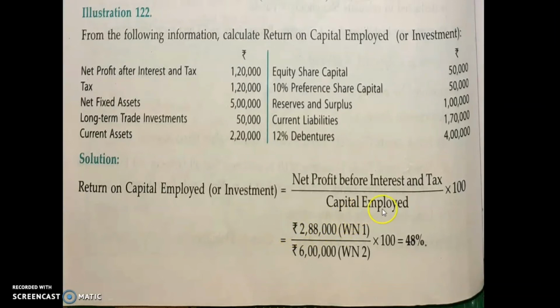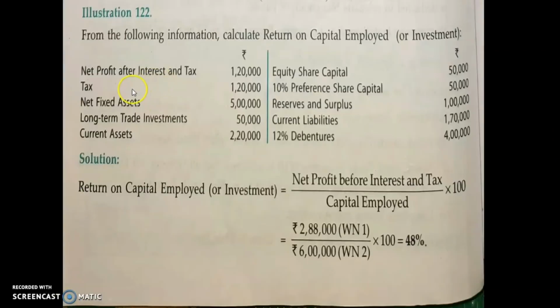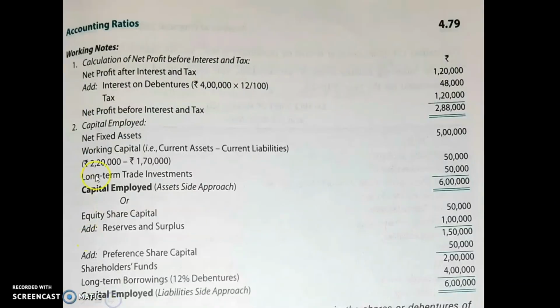Now for calculating capital employed. There are two approaches in front of us, that is asset approach and liability approach. Let us look at the asset approach. You know that in the asset approach, there are 3 items which we include, that is net fixed asset. It may be tangible and or intangible. If you look into the question, you are provided with the net fixed asset, so that can be included. Then the other 2 items: working capital, that is current asset minus current liability.